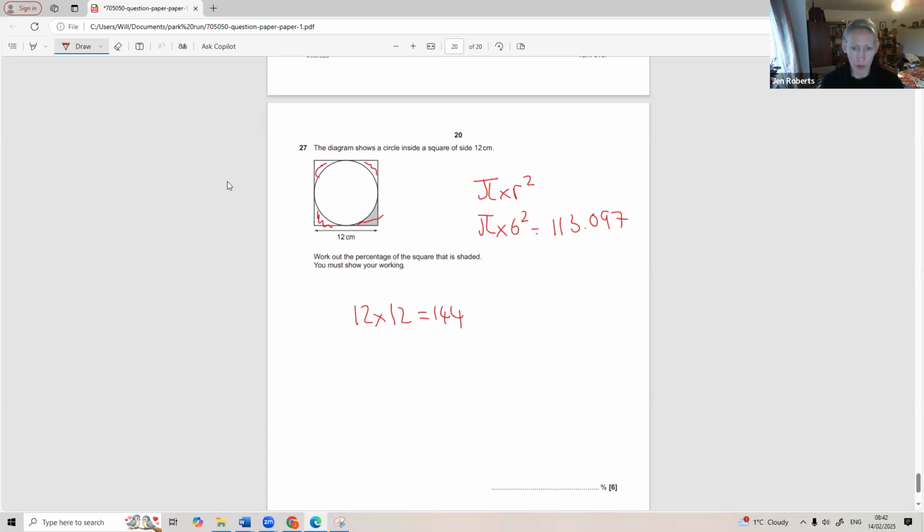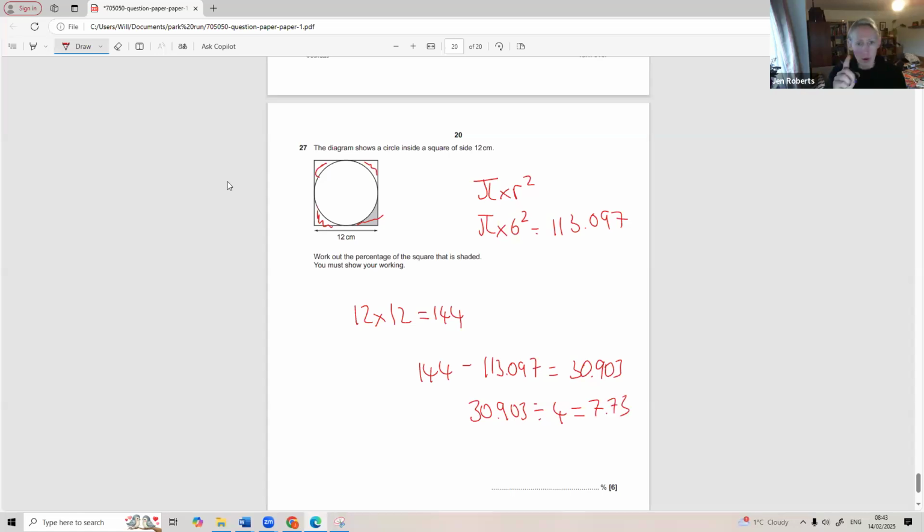So 144 minus 113.097 is 30.903. But I only want one of those corners, so I'm going to divide that by 4. You get 7.73, rounded.